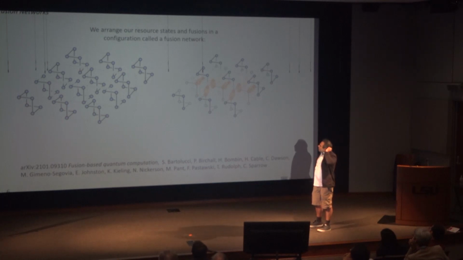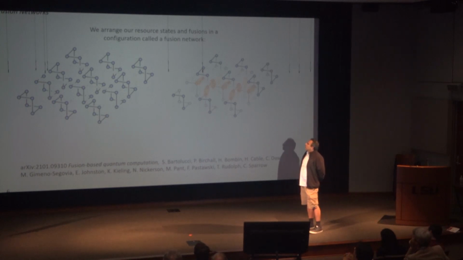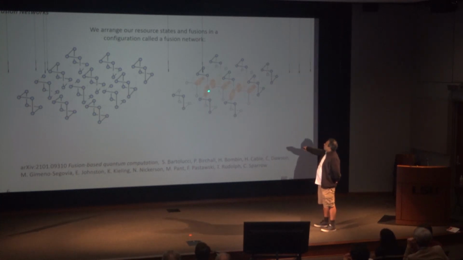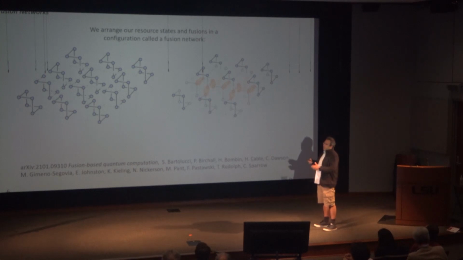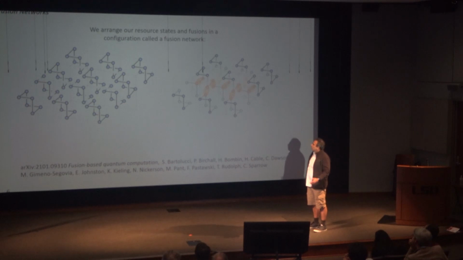So to complete this background, fusion-based quantum computing is defined on these primitives by what we call fusion networks. We imagine that we have some resource states and some particular arrangement of fusion operations on them, and this arrangement will generate a three-dimensional cluster state that embeds fault-tolerant protection.